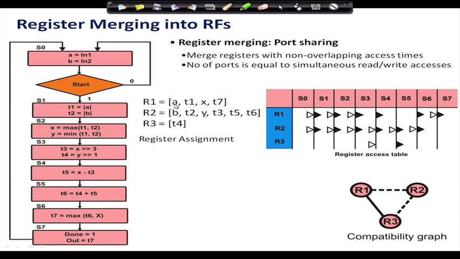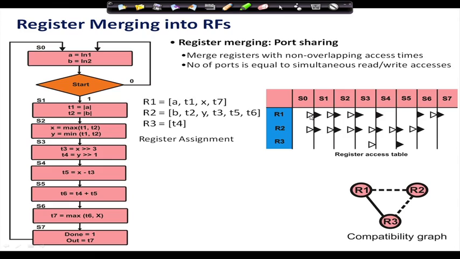You see, my R1 has A, T1, X, T7, all these variables. Now, if you just apply your mind, you will see that I actually do not need 3 registers, because till now I have not looked at which clock cycle they are reading or writing.